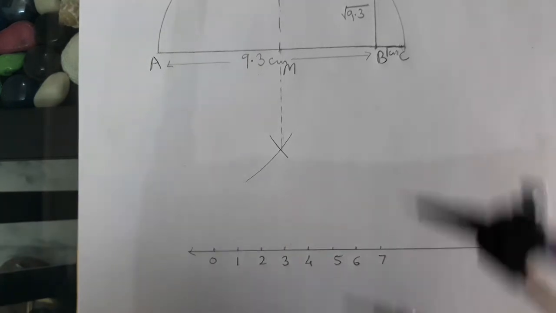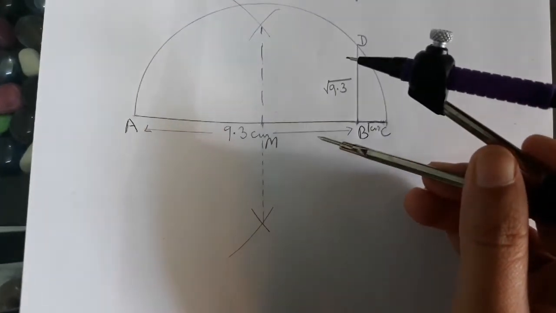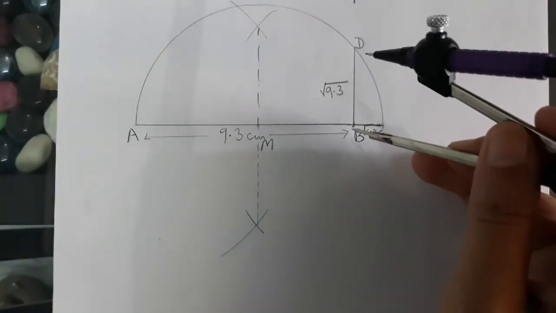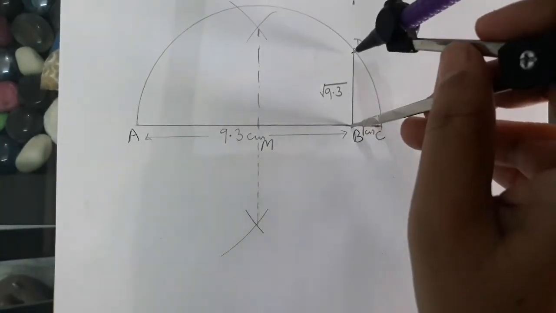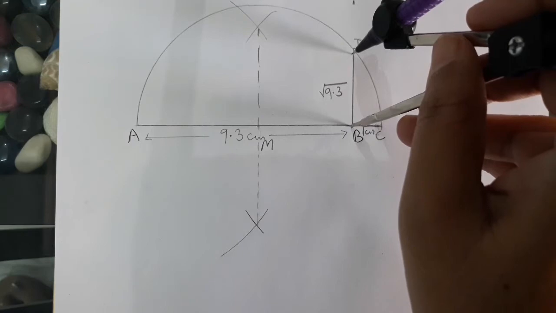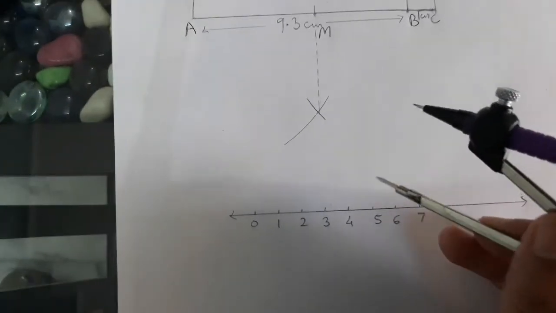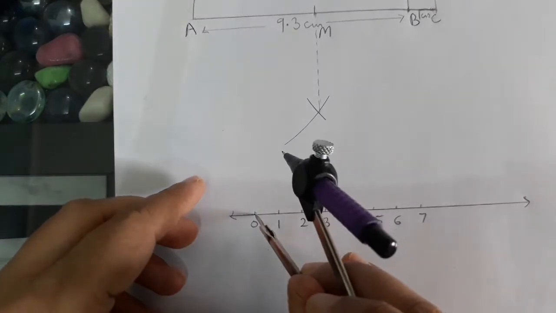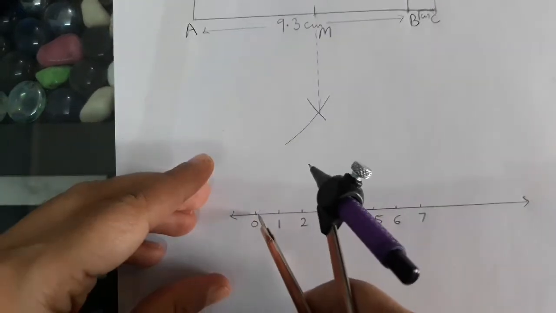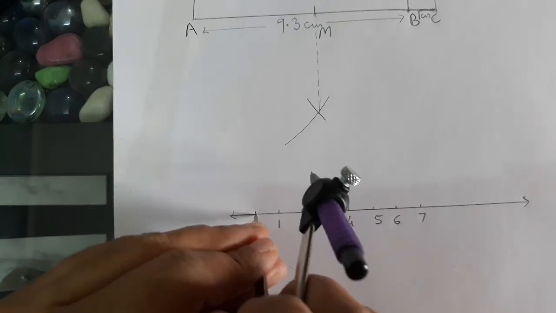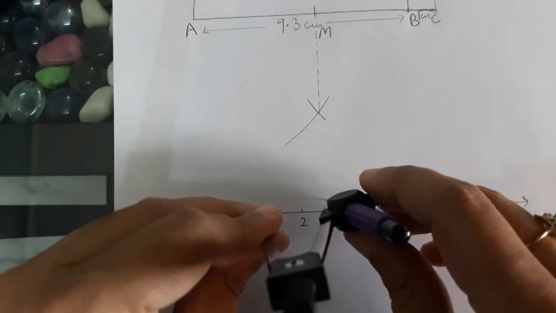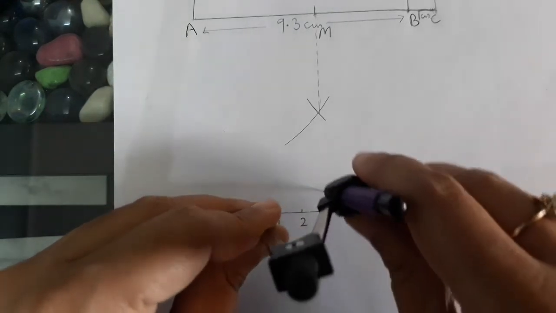Now we measure this length BD with the help of a compass, and keep the compass at 0 and draw an arc on the number line.